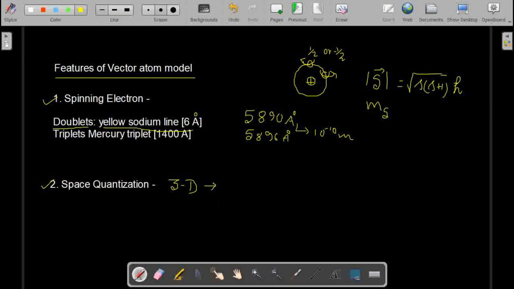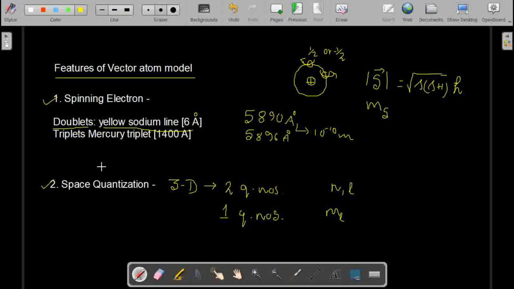That means, although it is already established from the Bohr model that there are two quantum numbers, there will be a third quantum number because it's a three-dimensional image. So there are altogether three quantum numbers, which we have already talked about: n, l, and m_l. This idea comes from the vector atom model.